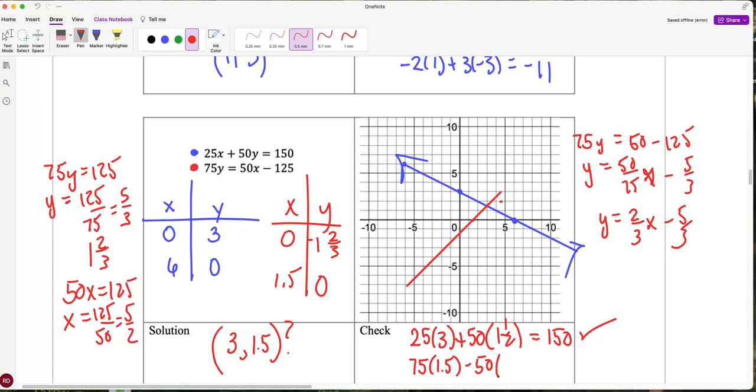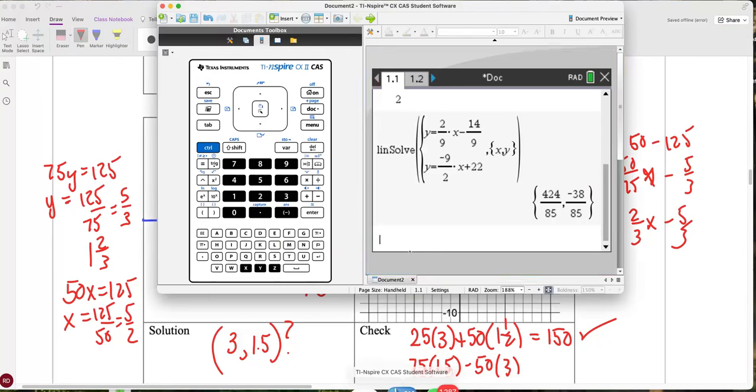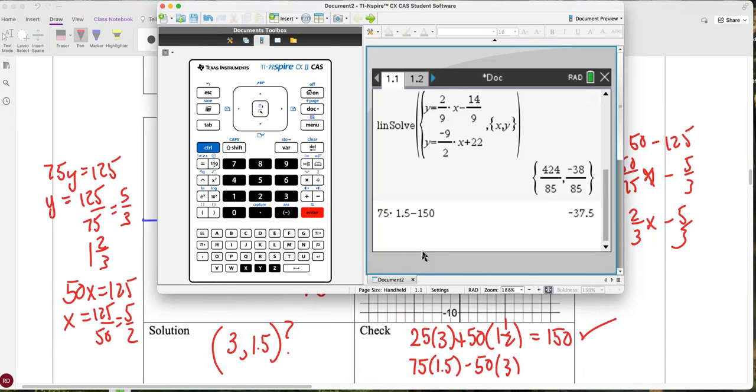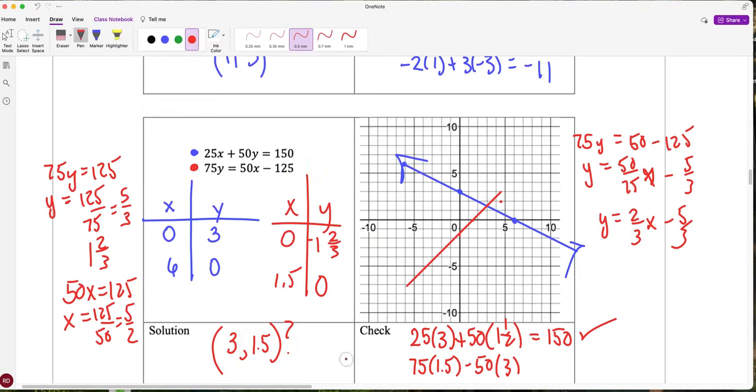So x was what, 3? So what does that equal? Let's just do it on my calculator. 75 times 1.5 minus 50 times 3 is negative 37.5, and it should be negative 125.